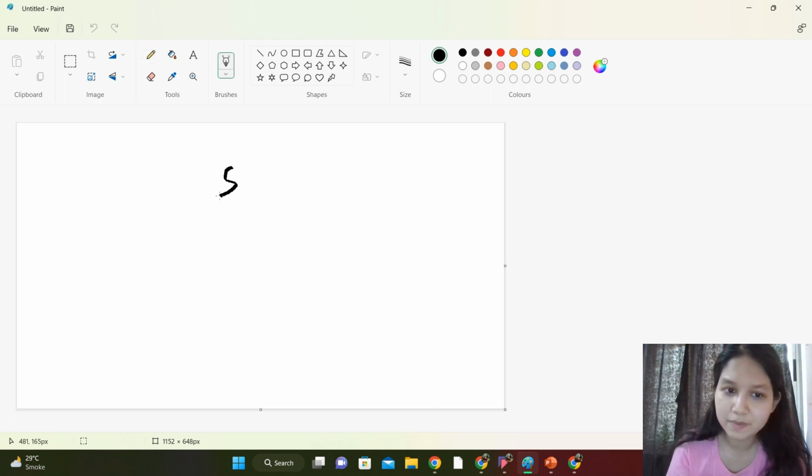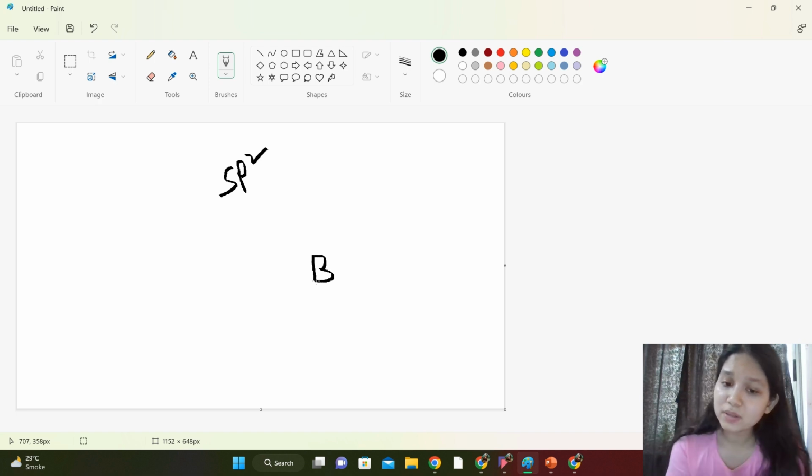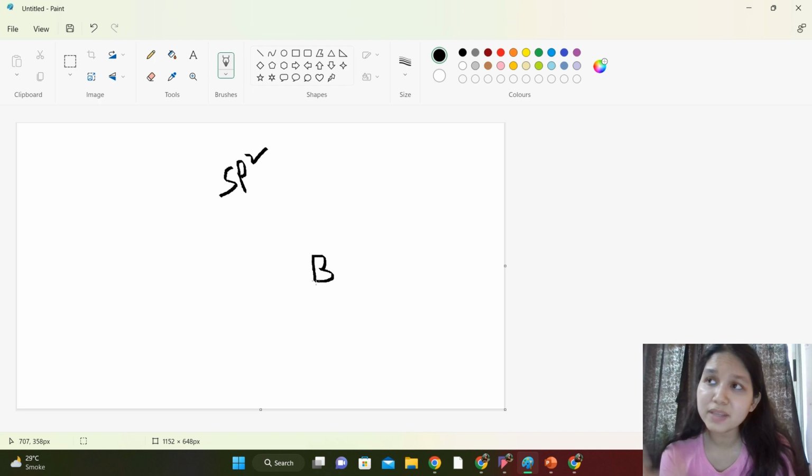So we have found out that it possesses sp2 hybridization. Since the central atom boron doesn't have any lone pair of electrons, it will not have any lone pair-bond pair or bond pair-bond pair repulsion or interaction.